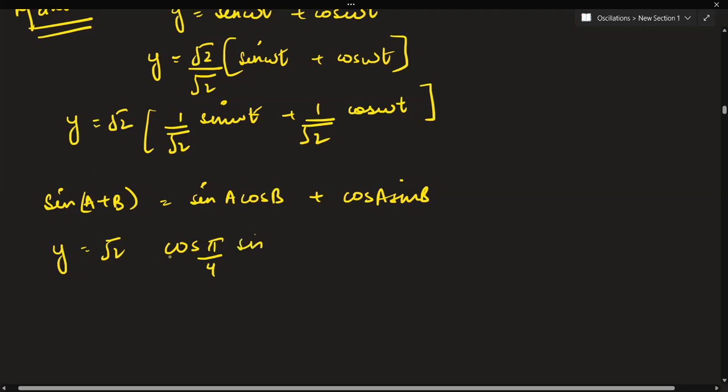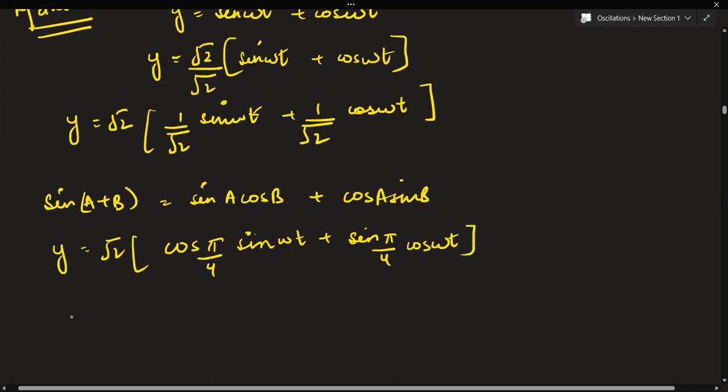Why am I doing this? Because I need it in the form sine of a plus b, otherwise I won't be able to get the standardized equation. This will be sine omega t, and again 1 by root 2 is sine pi by 4, cos omega t. So this is satisfied.